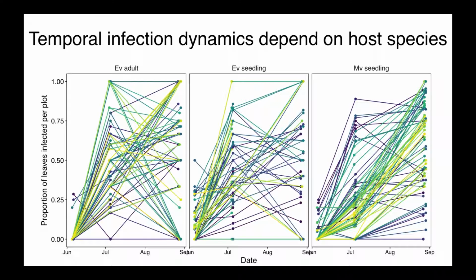And that's probably related to the phenology of these plants. So the Elymus are earlier season, they have green leaves earlier, they get going a little bit earlier than the Microstegium.